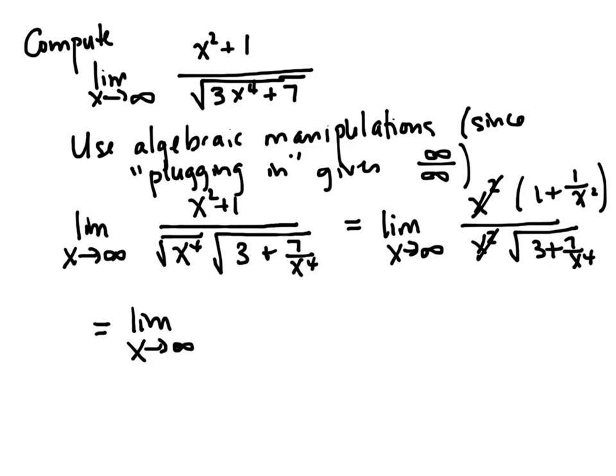Okay, so now we are left with the limit as x goes to infinity of 1 plus 1 over x squared over the square root of 3 plus 7 over x to the fourth.